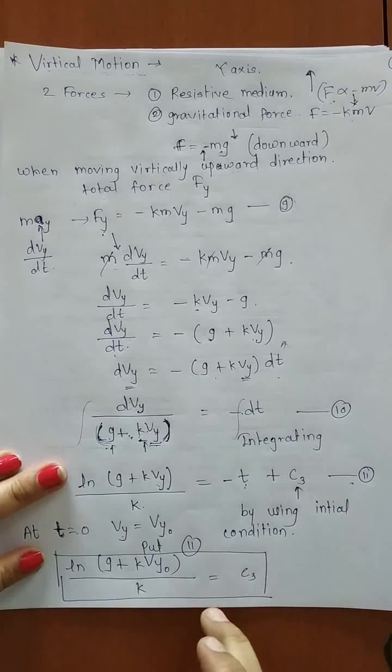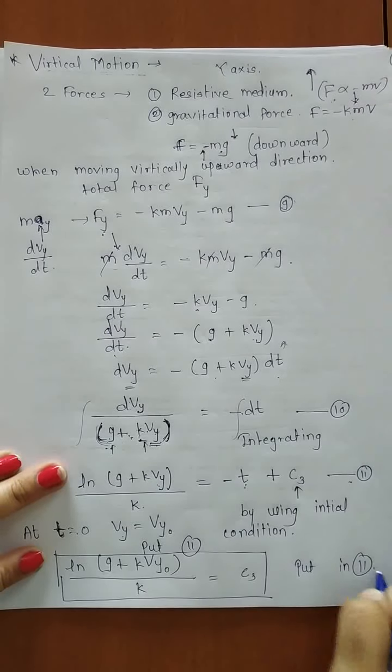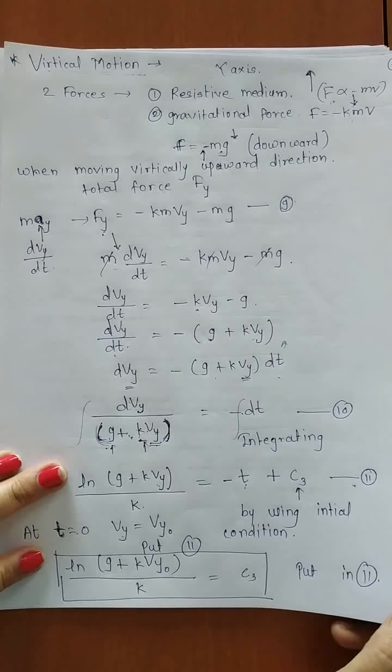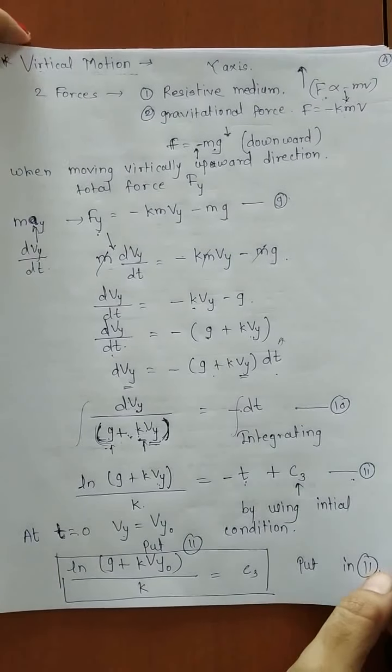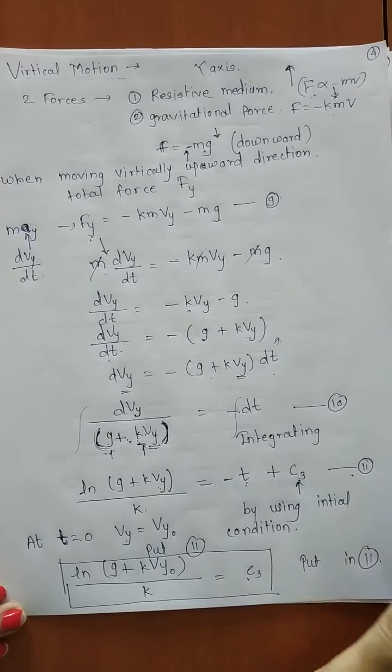Now you have to put this C3 in equation 11. So put the value of C3 in equation 11. So what will you get? Now we have to put this C3 over here.